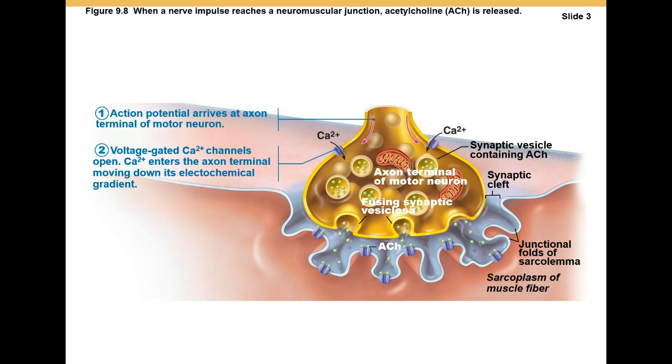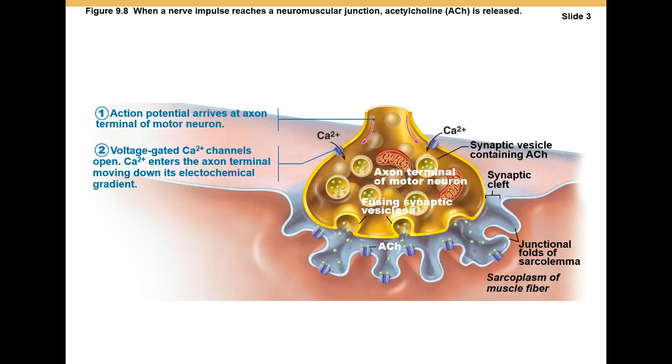Now, back in chapter 3, we went over different types of gated channels. So let's just review them real quickly. Gated channels are channels that will open or close when they are stimulated to do that. Now, there might also be some leakage channels that are just always open, but a gated channel is stimulated to open. There are many ways to stimulate a gated channel.